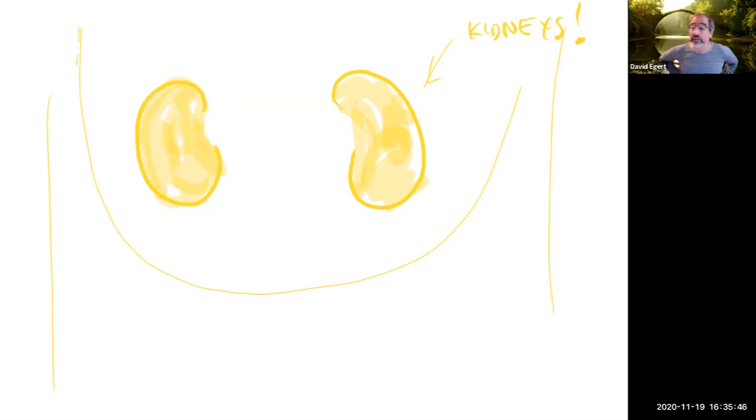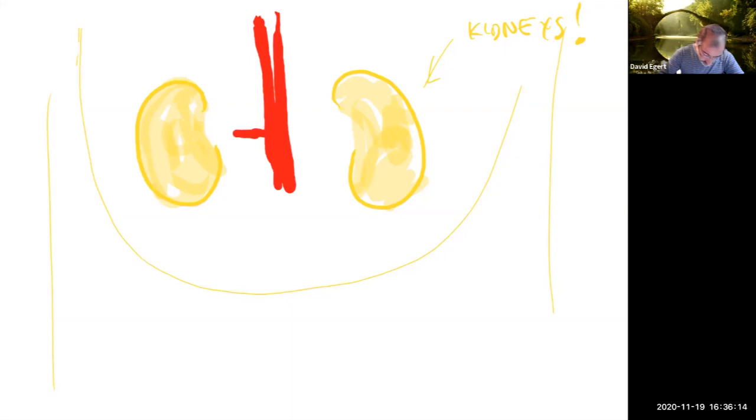They're behind the serous membrane that envelops all your digestive organs. About the size of a bar of soap, shaped like a kidney bean. I think beans get named after the kidneys. It is worth talking about the renal arteries entering in.